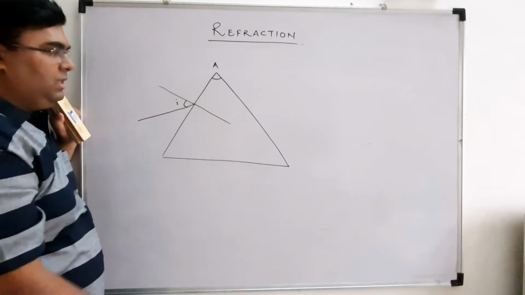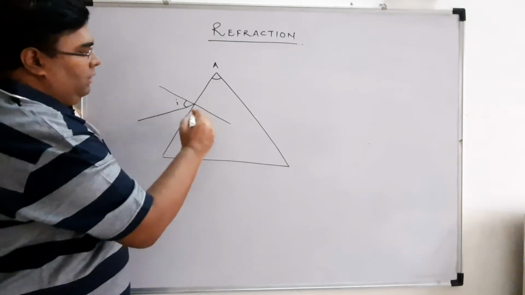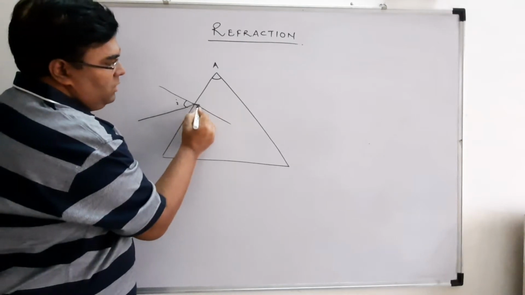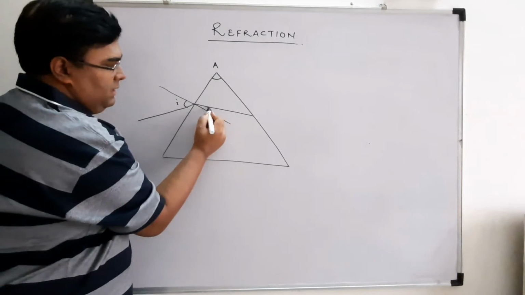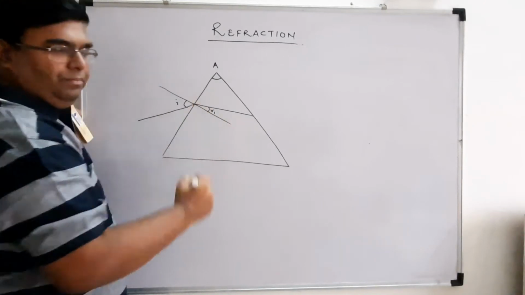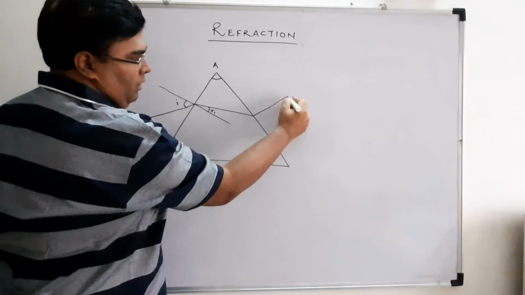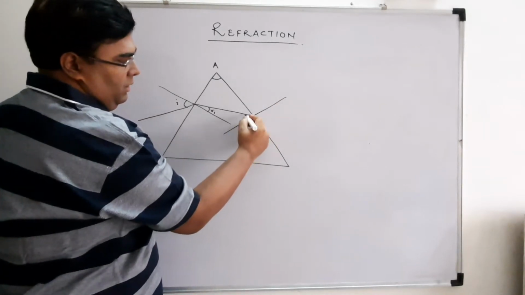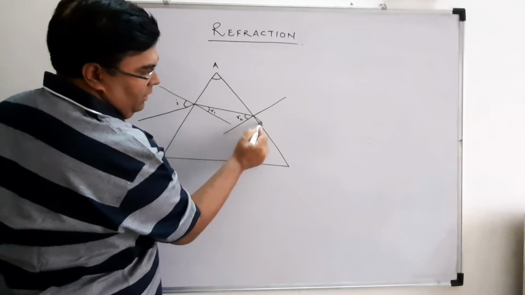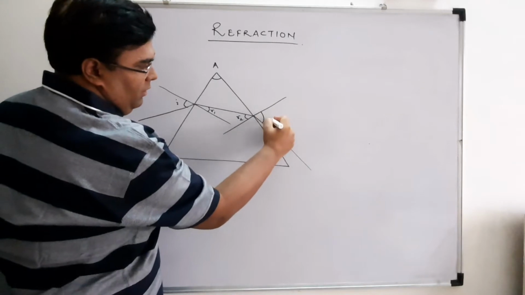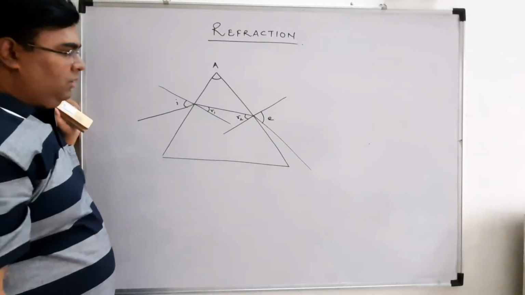What will happen? Since this is made up of glass, the ray will bend towards the normal. Let us see, this is R1. Again, if you draw a normal at this place, take this angle as R2, and it will emerge at angle E. So what has happened?